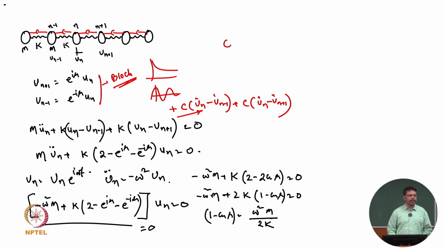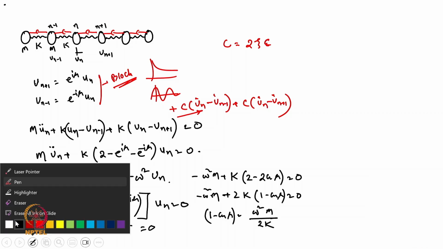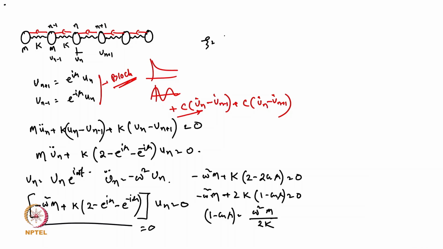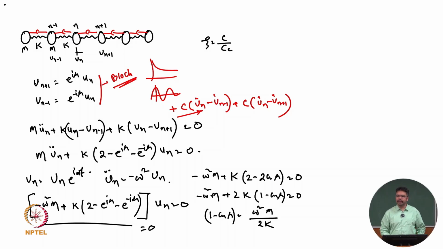Now how can we write c? We can write it in terms of damping ratio. If I introduce the damping ratio xi, that is nothing but c by cc. What is cc? Critical damping, which is nothing but 2m omega n, where omega n is root over k by m.